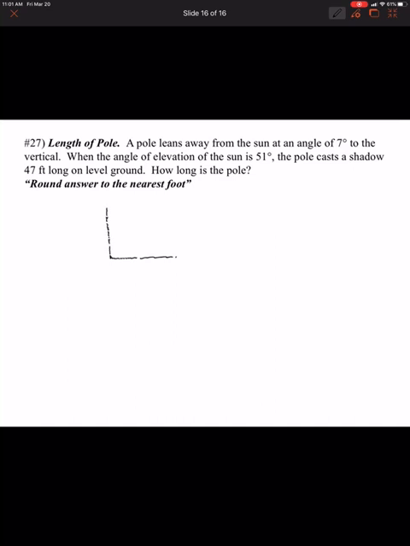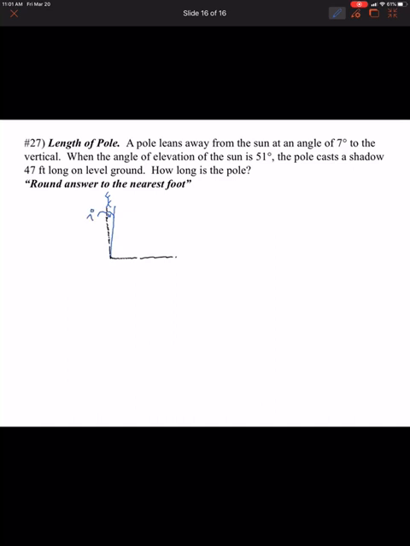I'm going to draw the pole here in a different color, so we'll lean that off 7 degrees. Here it is leaning away from the sun, here's the sunshine coming in, and here's this pole that's leaning 7 degrees off the vertical. So that's a 7-degree angle.